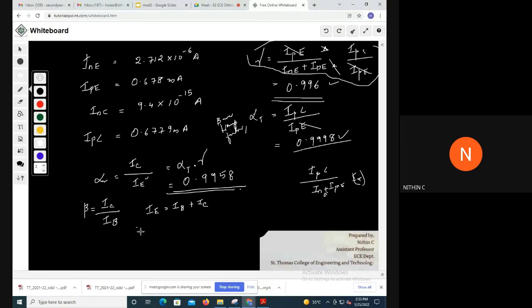Can anyone get the expression for beta in terms of alpha? Try it and you will get it. I think you have already studied this in previous classes. Just try to find the value of beta in terms of alpha.